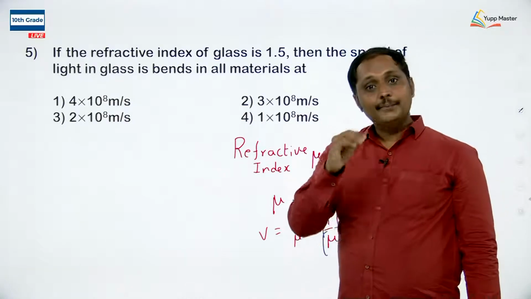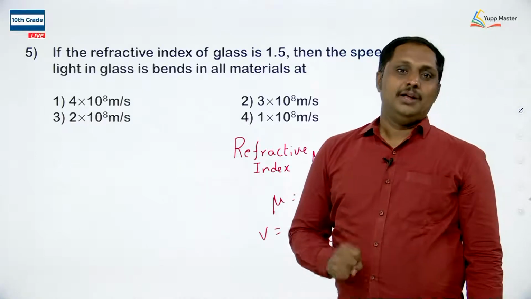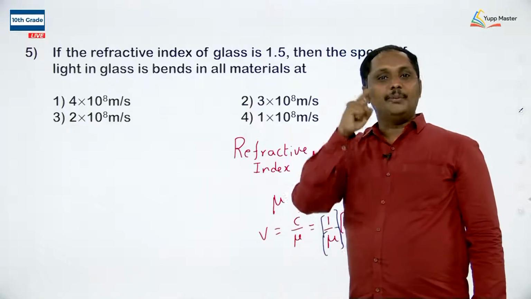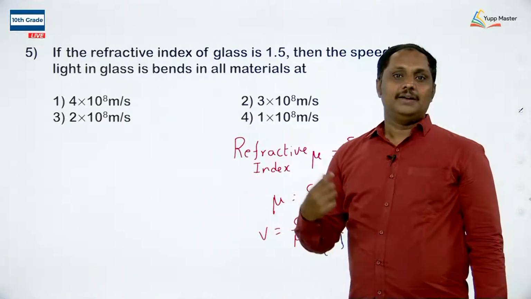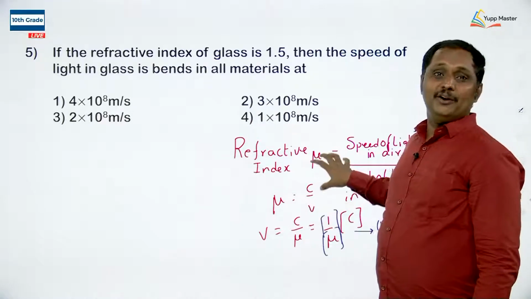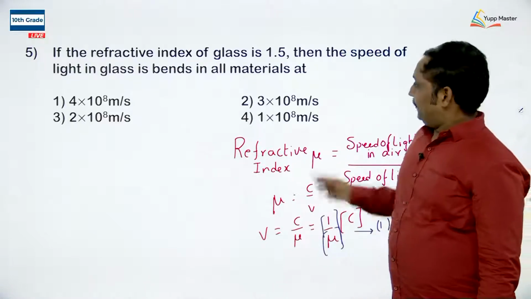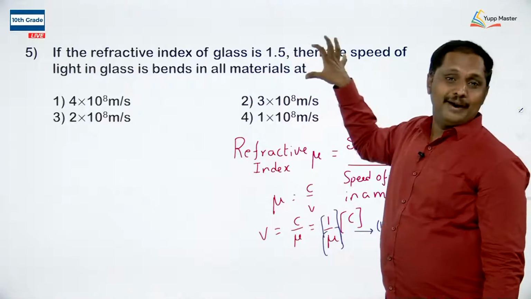Nothing but the speed of light is decreased. Now, 1 by mu times the speed of light is what remains. The refractive index they have given is 1.5, so 1 by 1.5.